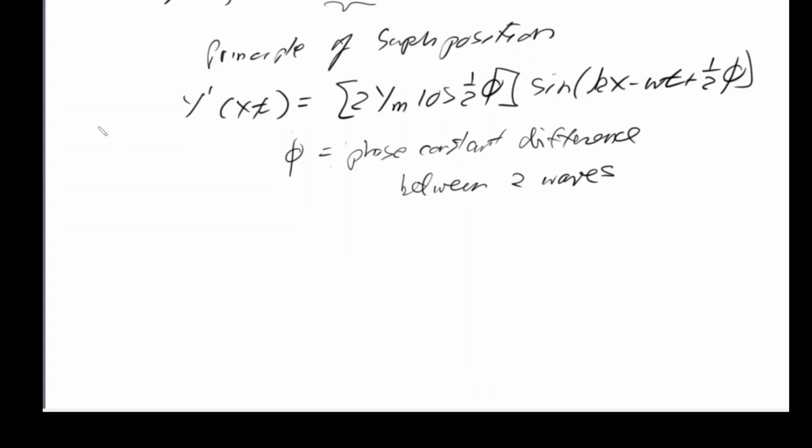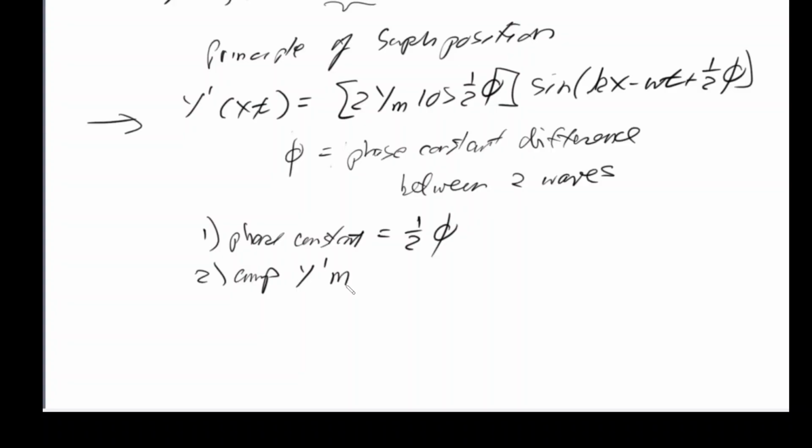Now, for this new or resultant wave, we note a couple things. The new phase constant is equal to 1/2 the original phase constant, and the amplitude of the new wave, y prime sub m, is equal to 2ym times the cosine of 1/2 phi. So this becomes the new y prime sub m.